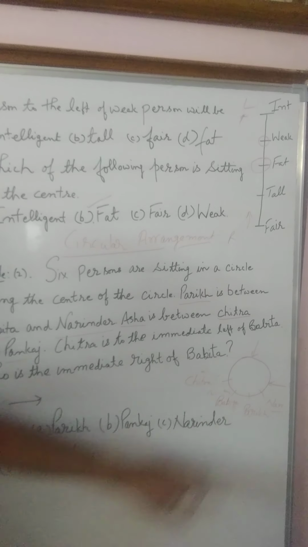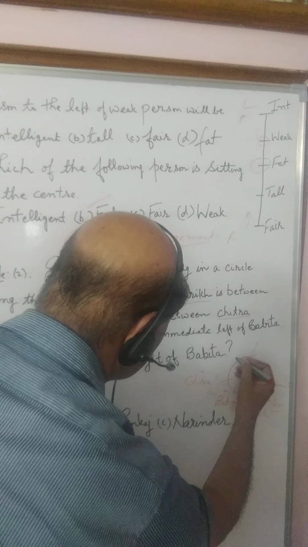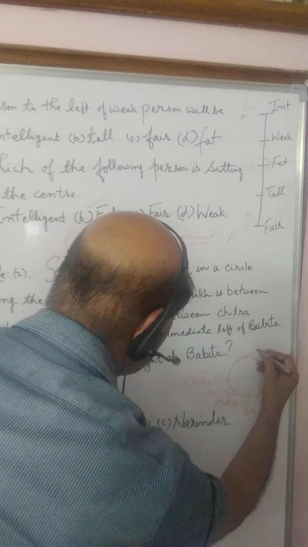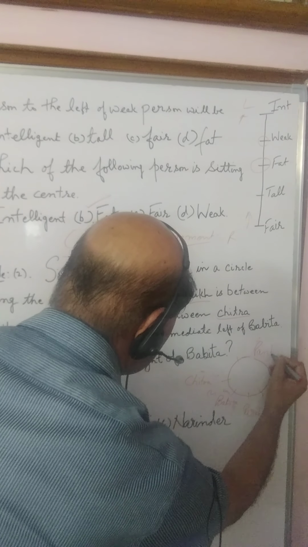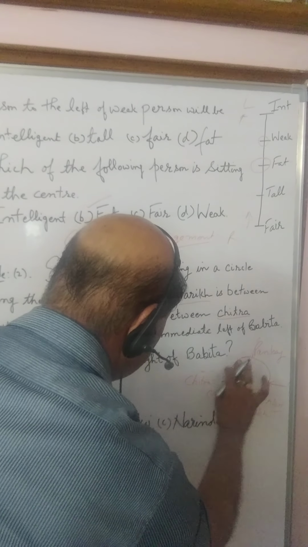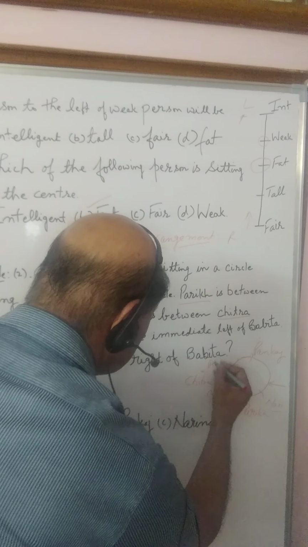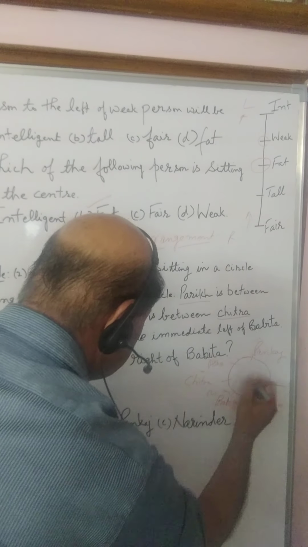Now the question is, where is Asha then? Asha is between Chitra and Pankaj. So Pankaj will be here. Clear? Because they have fixed Asha between Pankaj and Chitra.